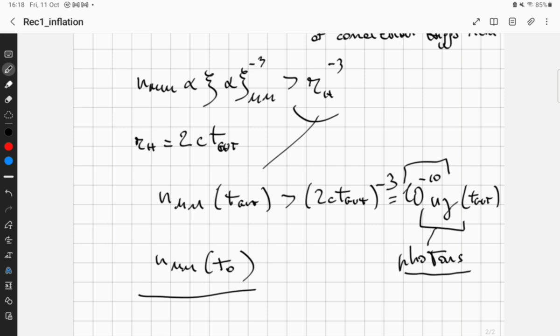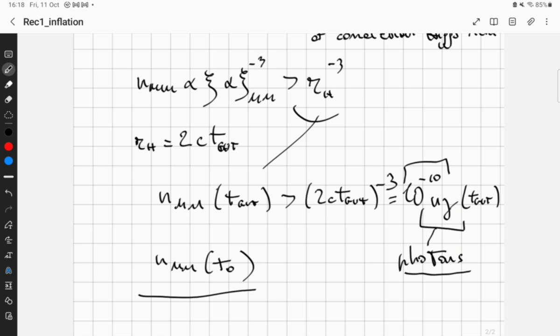It would be a few seconds just after the Big Bang, a fraction of a second, with such a number density of magnetic monopoles.